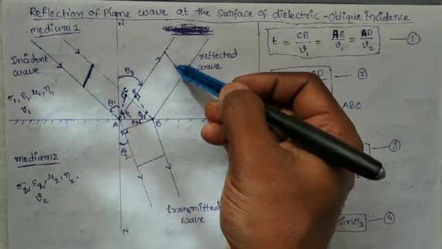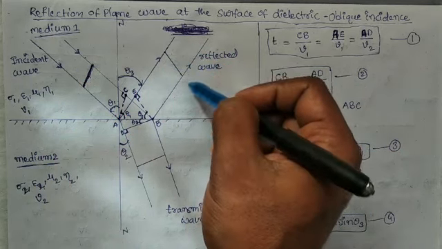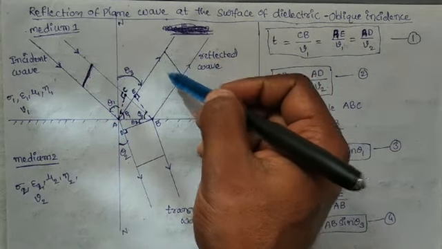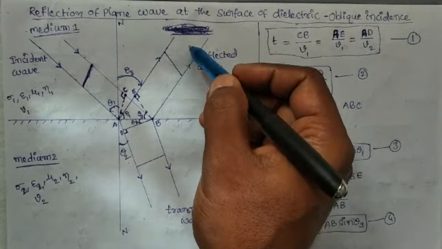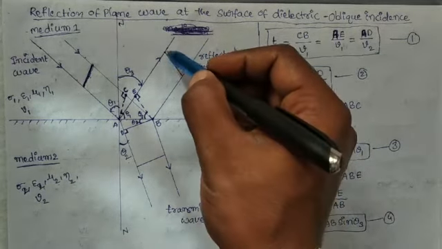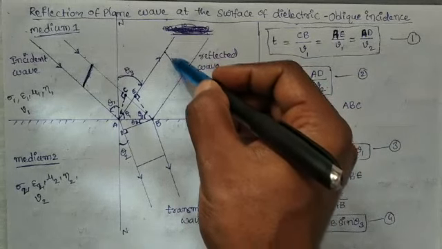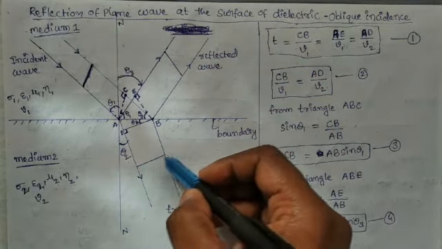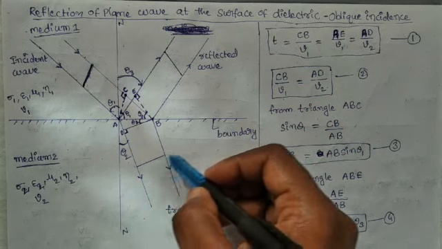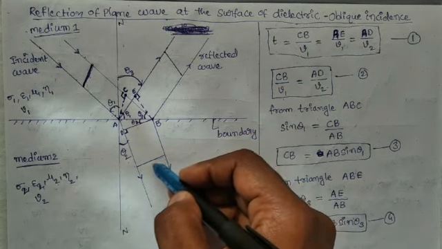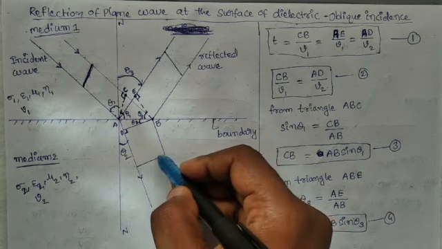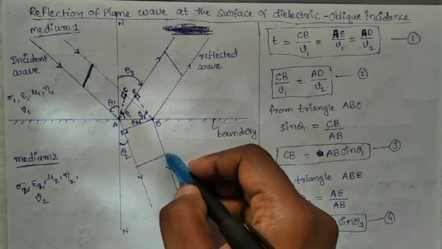Similarly, the bunch of reflected rays is called the reflected wavefront, and this line indicates the reflected wavefront. Similarly, we are drawing the transmitted wavefront, which is the bunch of transmitted waves.